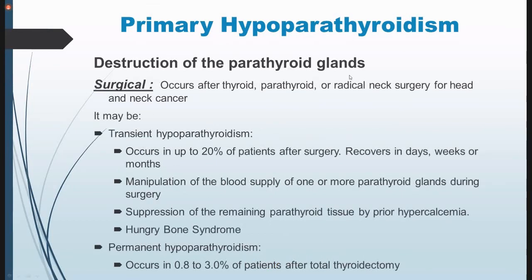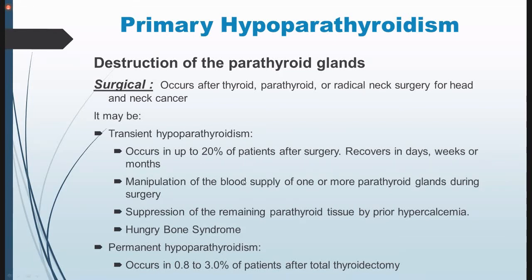However, if the destruction of the parathyroid gland occurs surgically, it can be transient hypoparathyroidism due to stunning of the rest of the suppressed glands, as I've told you earlier. It can occur in up to 20% of patients after surgery and recovers in days, weeks, or months.